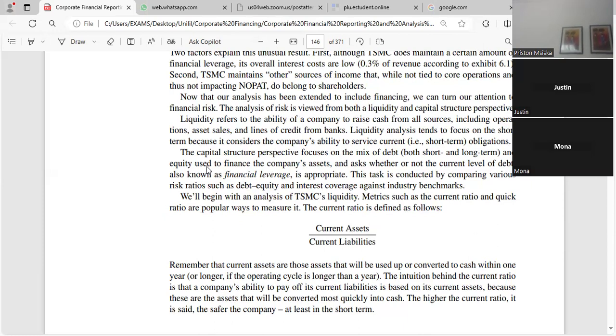So quick ratio, you only look at cash divided by current liabilities. So then you get a quick ratio. That one gives you a stronger belief that the company can pay you money on quick notice.